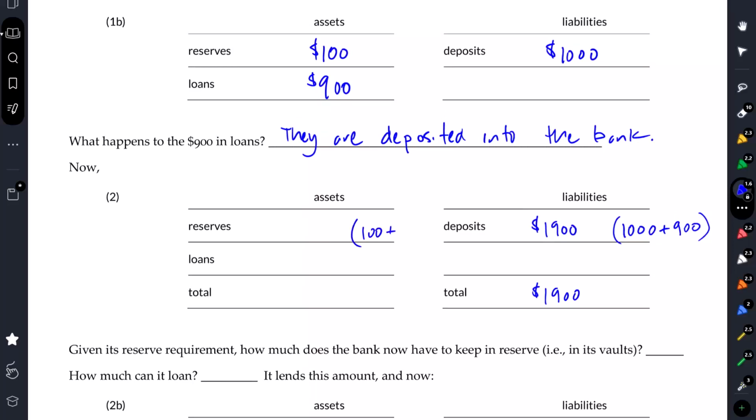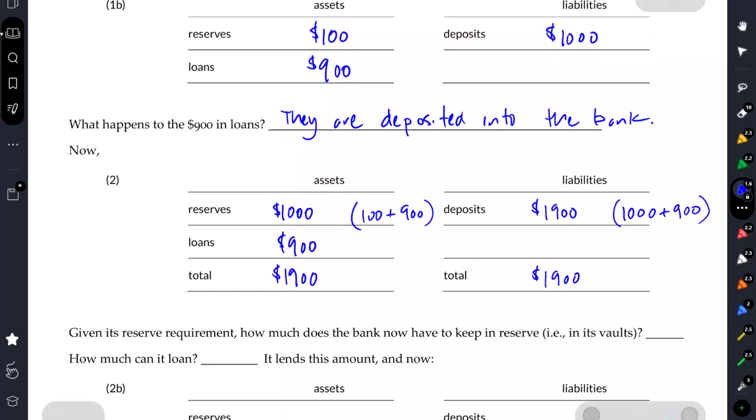We've just added $900 that was deposited. That $900 is moved into the vault. And so reserves are back up to $1,000. Loans are still, for the moment, just at $900. So the total over here is $1,900 also.